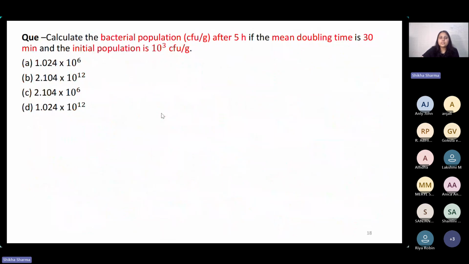Okay, let's solve this question now, which is regarding the bacterial population and the doubling time.